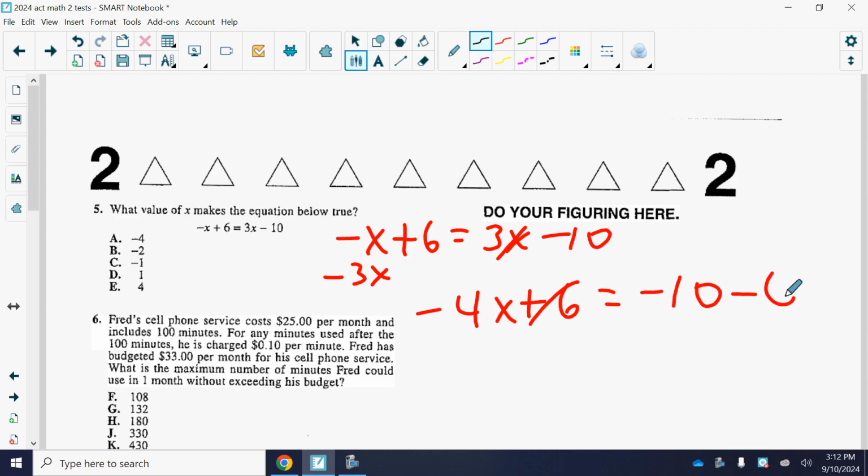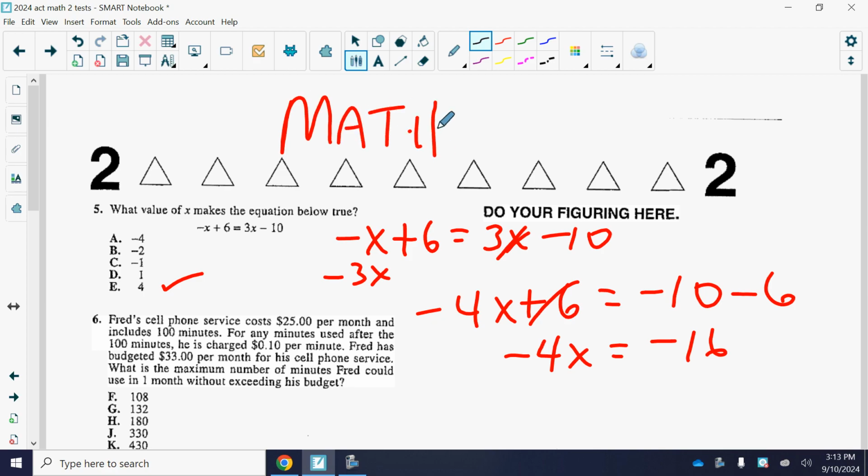Then subtract 6. It's minus 4x is negative 16 divided by negative 4. X is 4. Also, if you're an equation solver person, you could use math last. That's the equation solver, and we've been over that, how to put it in and hit F5 twice.